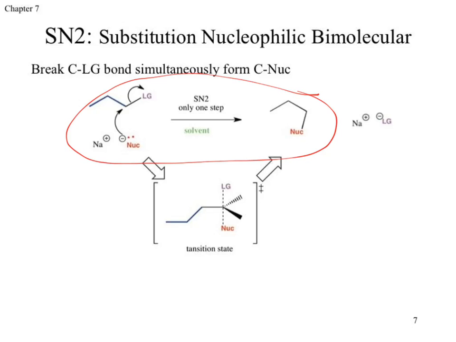Okay? Just like we did with the SN1, we're going to be concerned about the speed of the reaction. So which step is our slow step? There's only one step, so that step, by definition, must be the slow step. How many species are involved in that slow step?